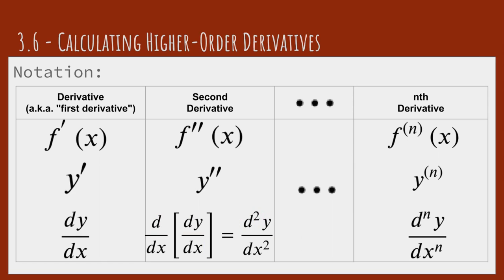So to show a second derivative or a third derivative, we could say d cubed y over dx cubed. And so if we take a derivative of a derivative to get a second derivative, then we could go beyond that and take a third derivative or a fourth derivative or an nth derivative. So if we're using prime notation, we might see something like this instead of a bunch of primes.